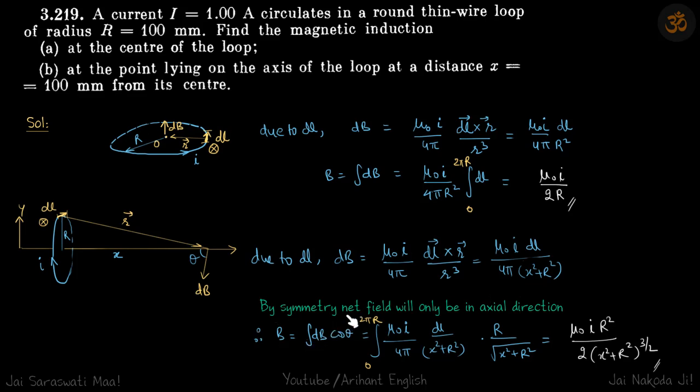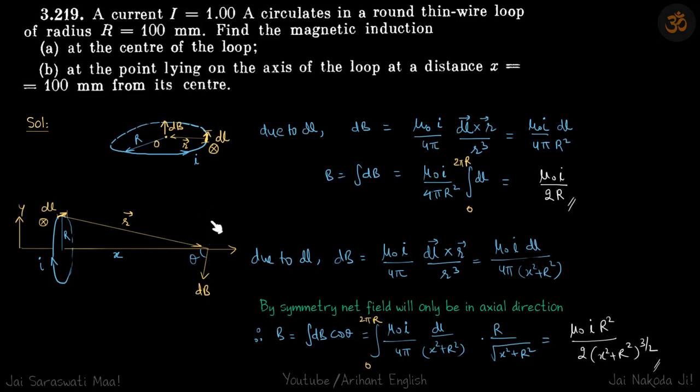Now by symmetry, net field will only be in axial direction. So because of this dl component, field is here. So you can imagine that because of the exactly opposite dl component here, the field will be like this, in this direction.